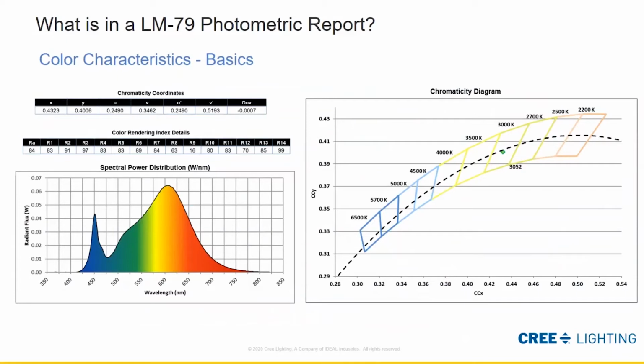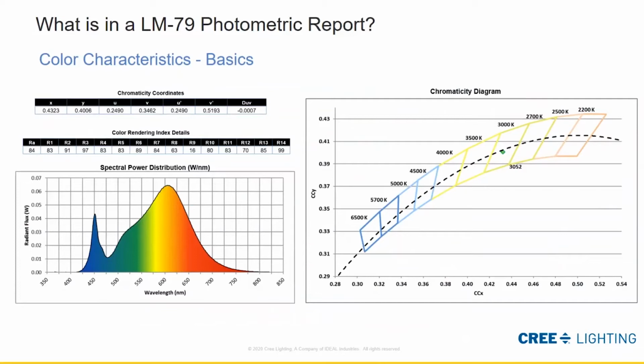Getting into some of the color characteristics that are usually represented in graphs in an LM-79. So color basics. We have the color coordinate system, both x, y, and u prime, v prime. Those are displayed here. They're just different ways of looking at a product in the color space.